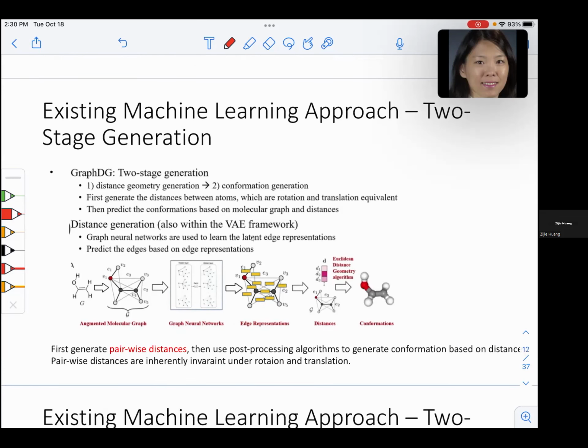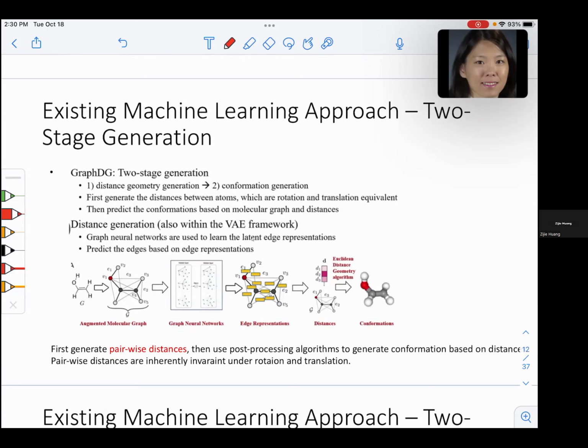Later on, there is another branch of methods, which we can summarize as two-stage generation methods. To give an example, there's a model called GraphDG, which does the two-stage generation as follows.